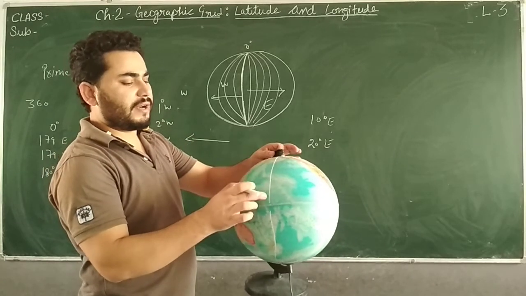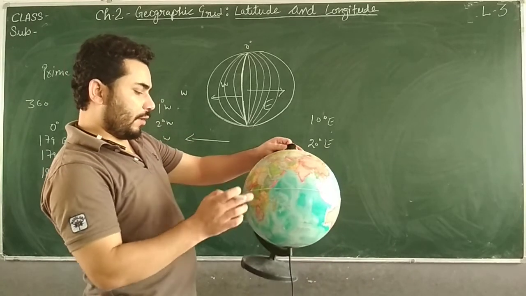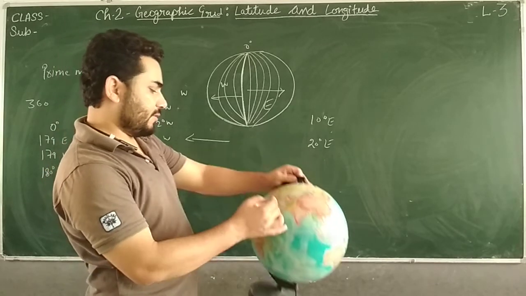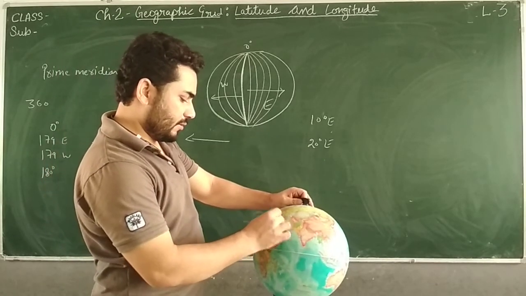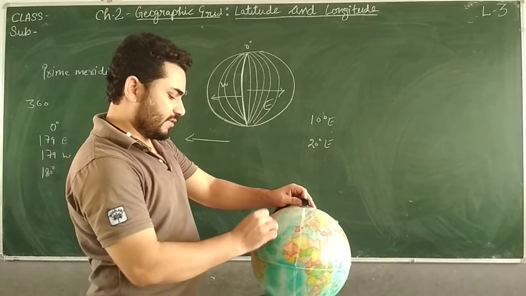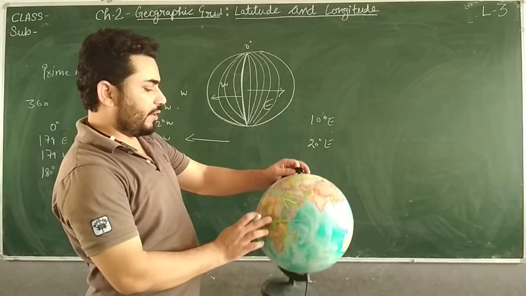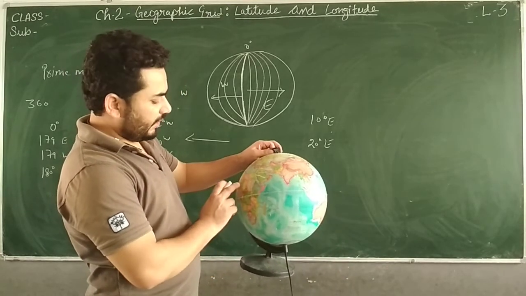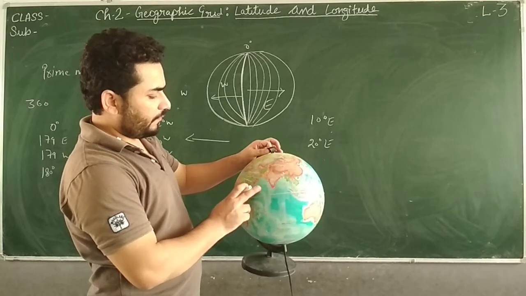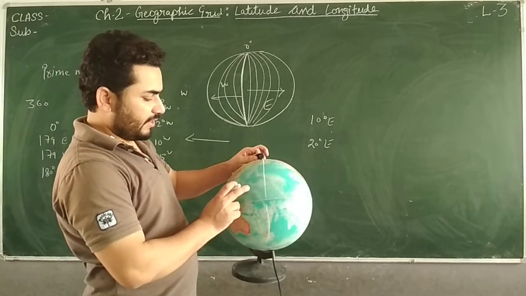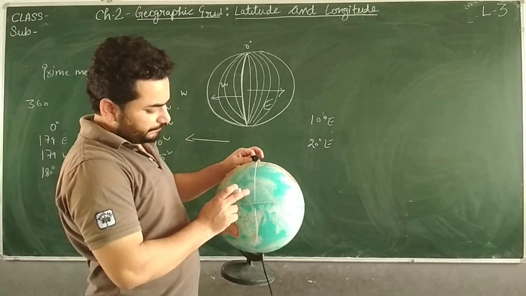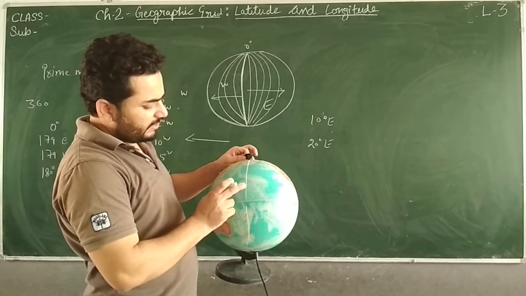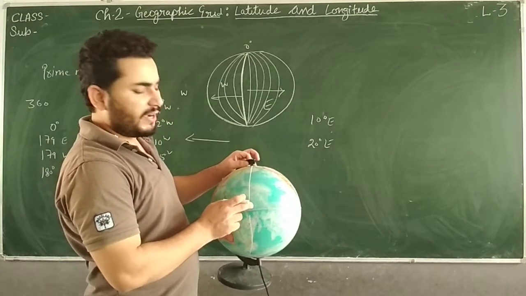This line is 180. If you are counting from here, this is the eastern hemisphere and this is the western hemisphere. Counting from here, you start counting 10, 20, 30, 40, 50, 60, like this. You will reach 170, 175, 176, 178, 179, and then 180 will come.